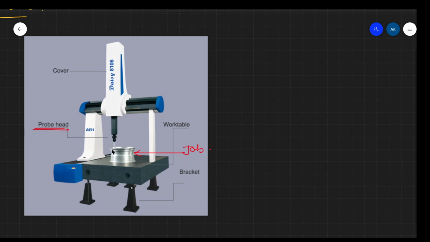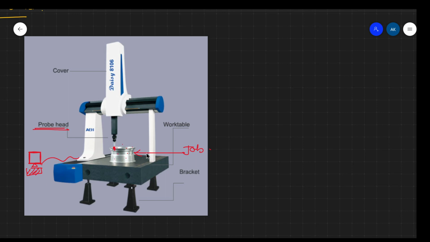So this probe is touching the job at different locations, and it is detecting coordinates. Suppose this point is contacted, then this coordinate is sent to a computer. This computer will be kept next to it, wired to it. So this computer will take the points.